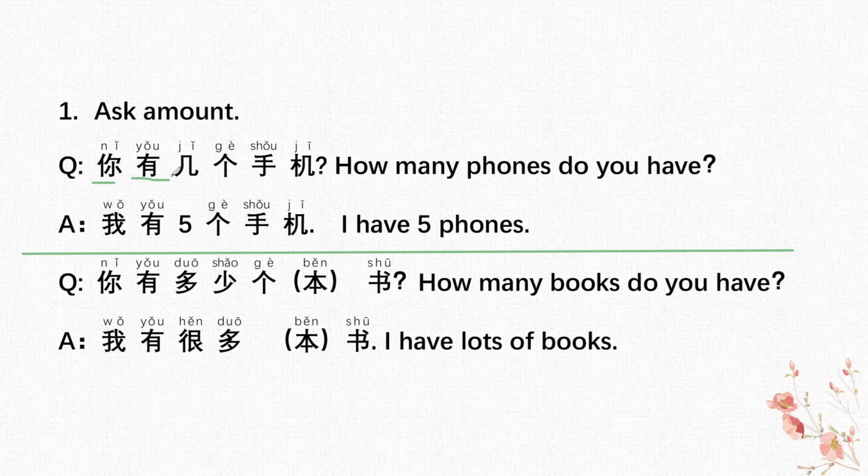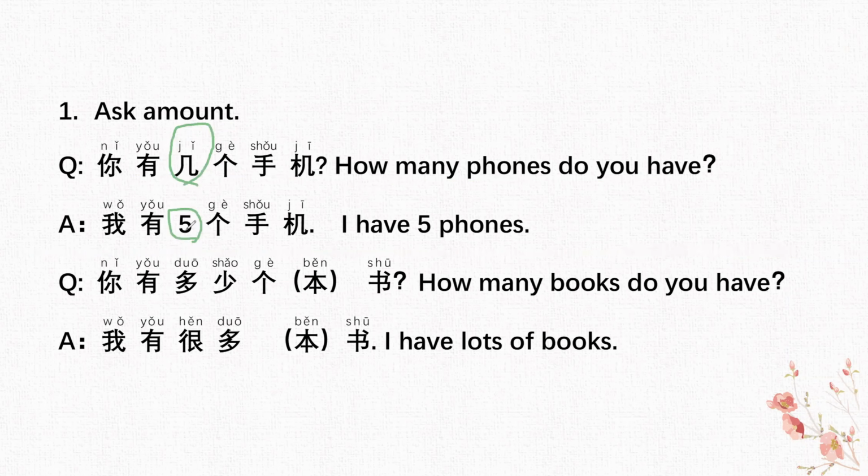We all call it 有. 几个, 几, did you remember? 几 is a question word to ask about number, right? 几个 measure word 个, you need it here. 几个手机? How many phones do you have? So the answer, you see, you just need to change the question word and the answer part, then you got the answer, right? Just the question word and the answer. Ask number is 几, change to 5.